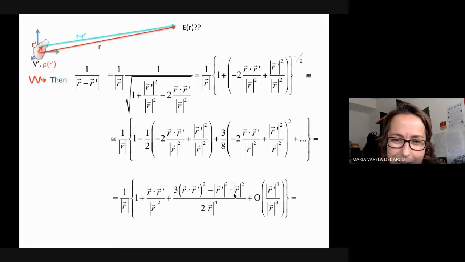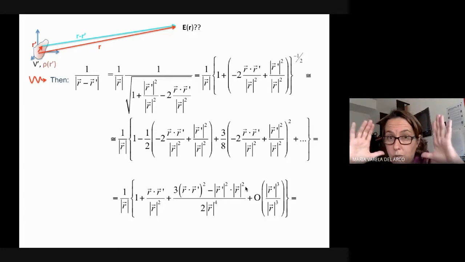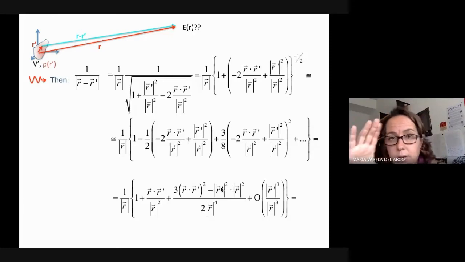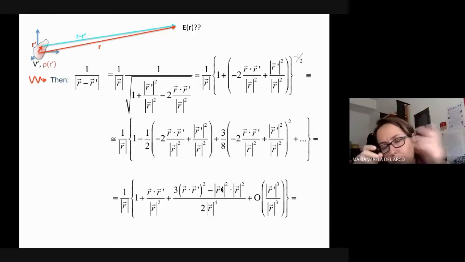No, there is an r squared here. So in reality, this second part of this goes like r prime over r, all of it to the second, to the square. And then here I also have an r term to the square. So in reality, this term goes like r prime over r squared. No 4th or 3rd or cube, no. Okay, so I'm basically truncating there.